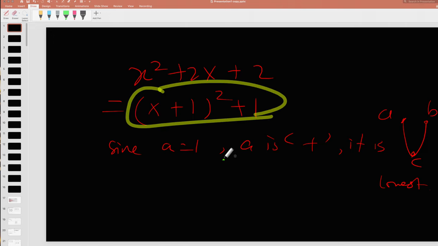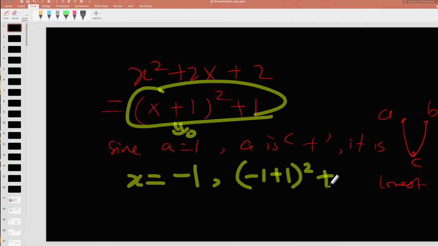How do you get 0 here? If you put 1, it will be 2. So how do you get 0 here? Minus 1. Once you put a minus 1 into it, sub in. You can test. You get 0, then 0 plus 1 is 1.